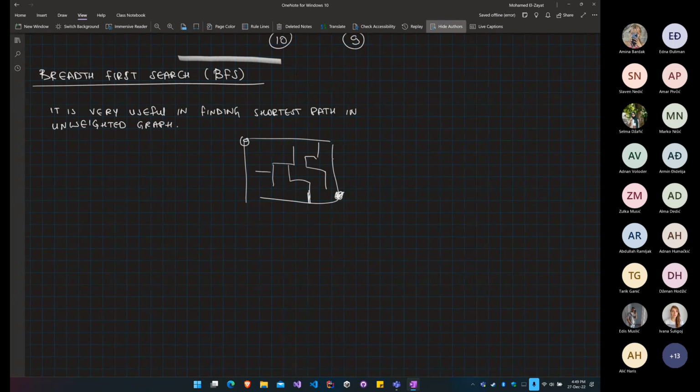So if you would like to find the path to the exit, it is actually very good at it. And not only that, but it has to be unweighted, meaning there are no costs when you are traversing the graph. Because if you are looking at a maze like this, a maze is in fact a bunch of cells.